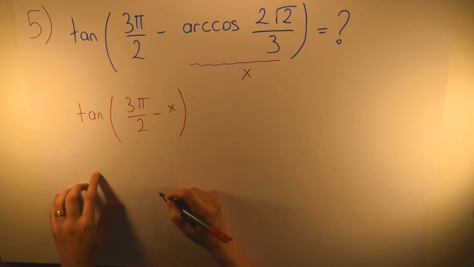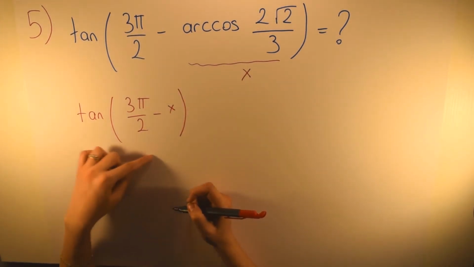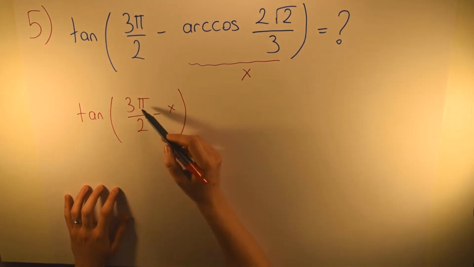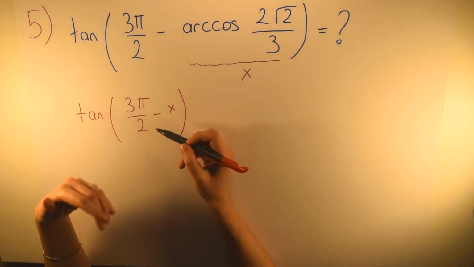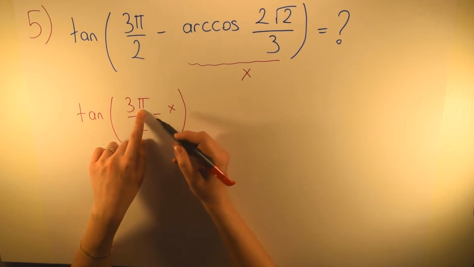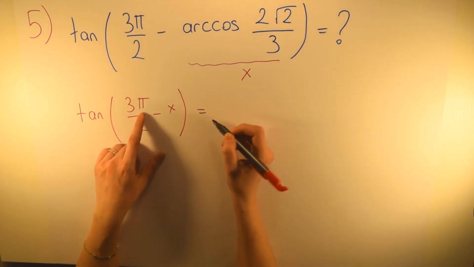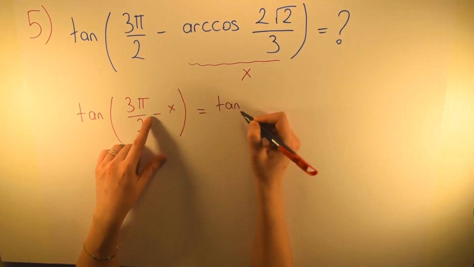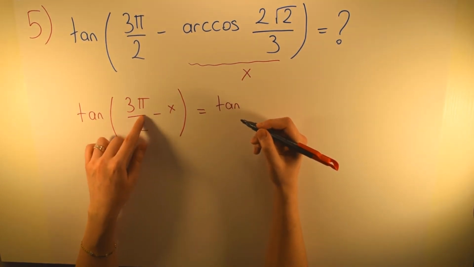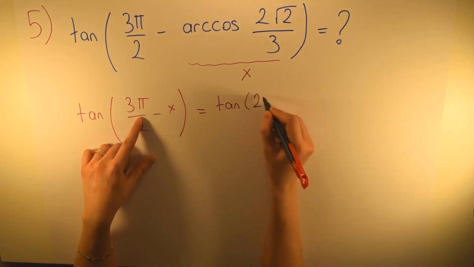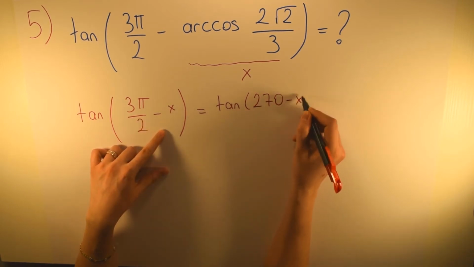Okay, so this one, how can I rewrite this one? Actually, to understand better, instead of π here, we can put 180, right? So which will become tangent, when I put 180, it's 90, 270 minus x, right?